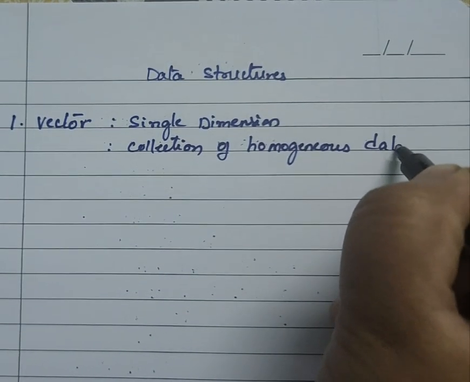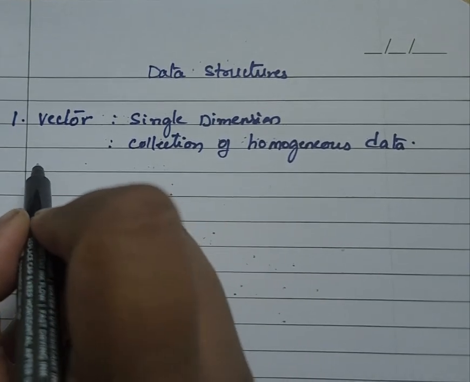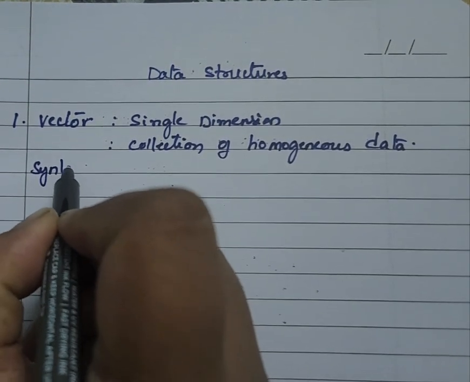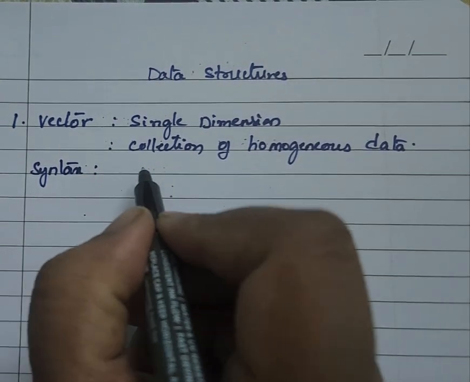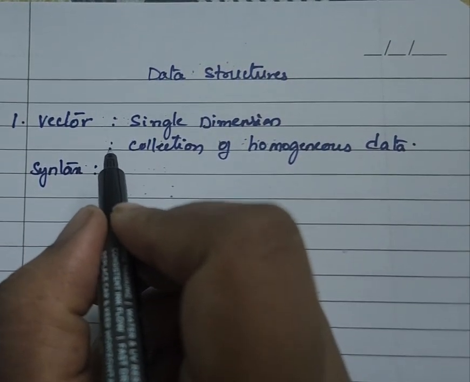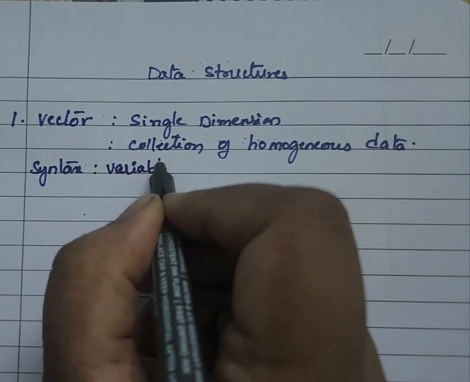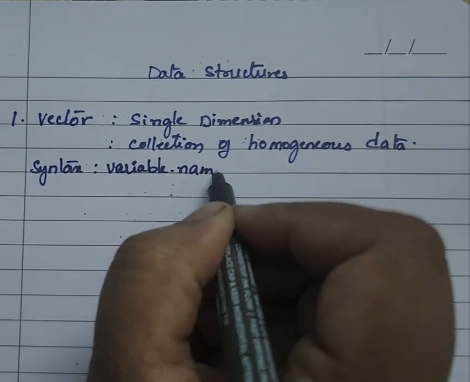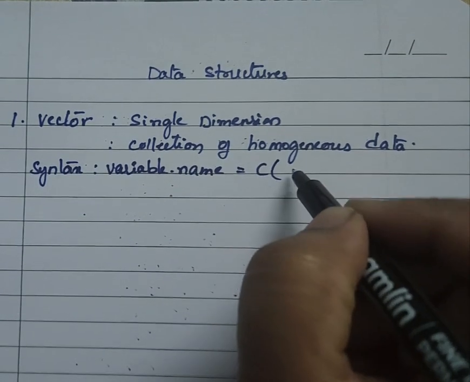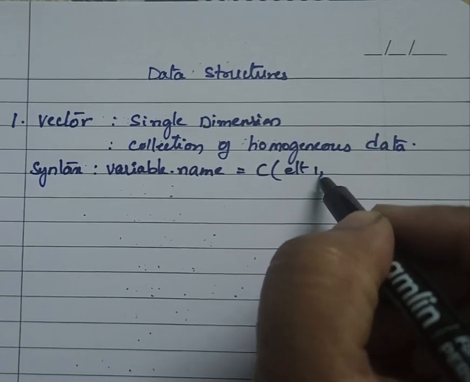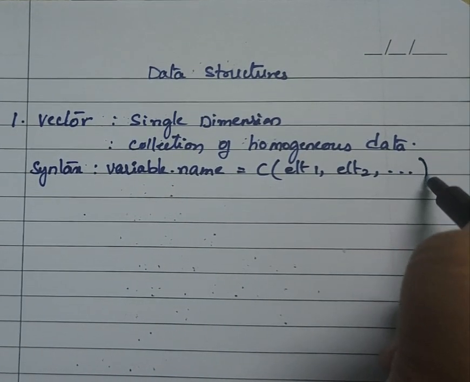Okay, so now I'm going to tell the syntax of a vector. The syntax of a vector is variable name equal to c of element 1, element 2 and so on.